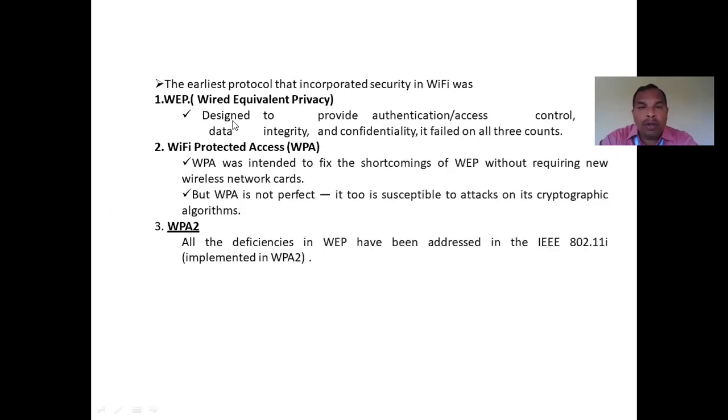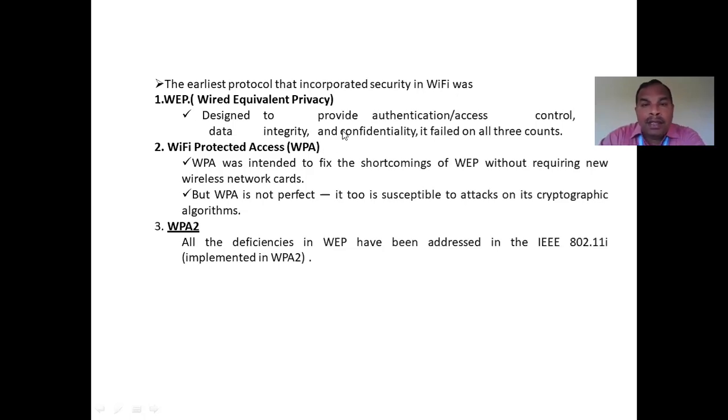So the earliest protocols which help in security in wireless Wi-Fi, we have listed three protocols. One is Wired Equivalent Privacy. Second one is Wi-Fi Protected Access, which is shortly represented as WPA. And third, WPA2. WEP stands for Wired Equivalent Privacy, which is designed to provide authentication or access control, data integrity and confidentiality.